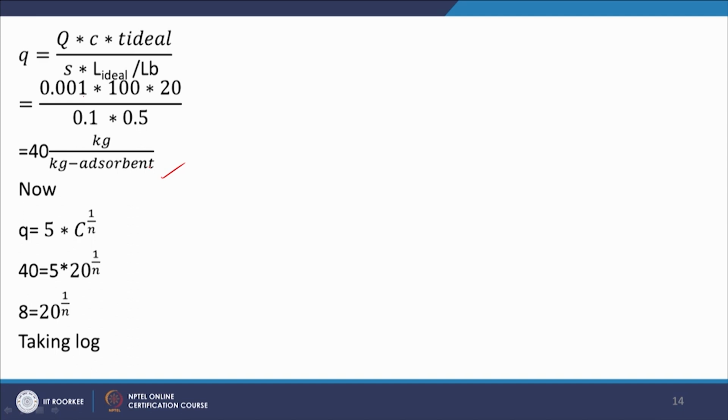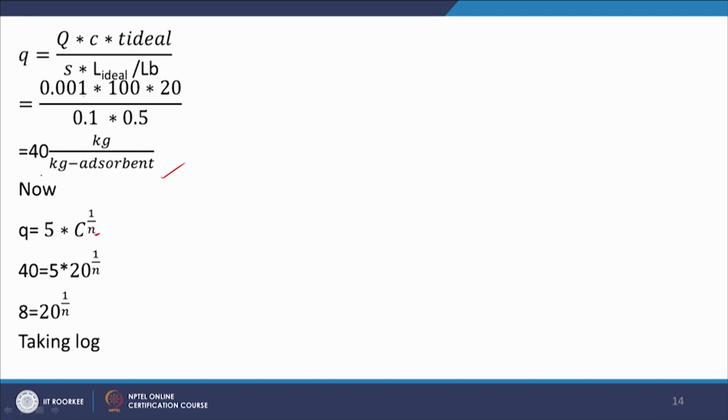For the second case we will use this q value, because the q value will remain the same, the maximum specific uptake determined from the Freundlich isotherm, for both cases. So, q is equal to 5 into C to the power 1 by n. Now we calculate the value of n.